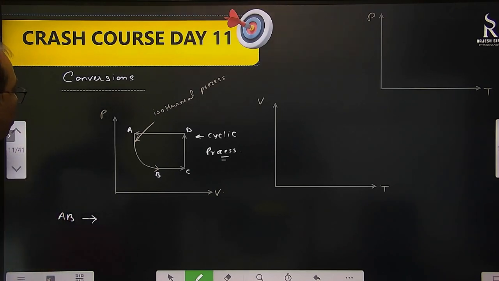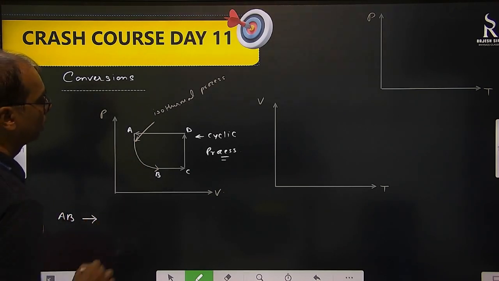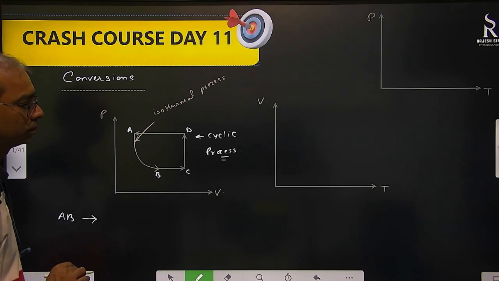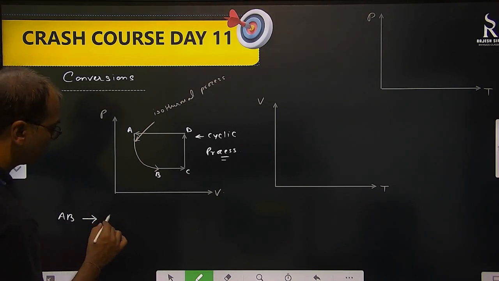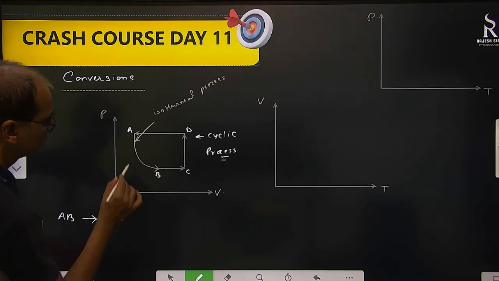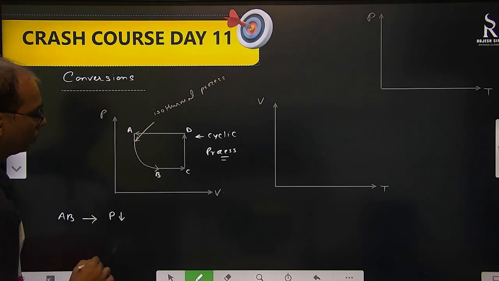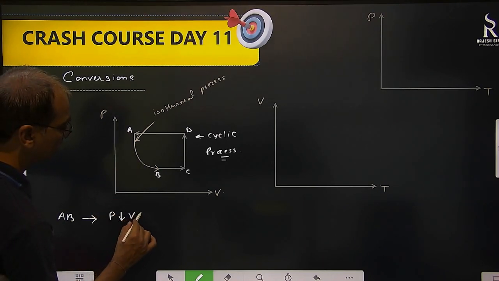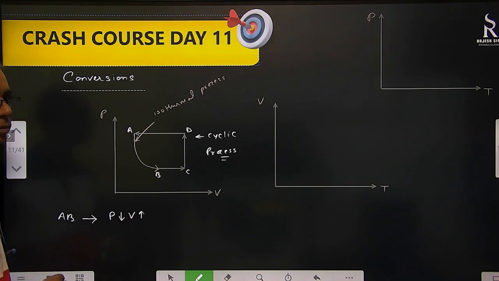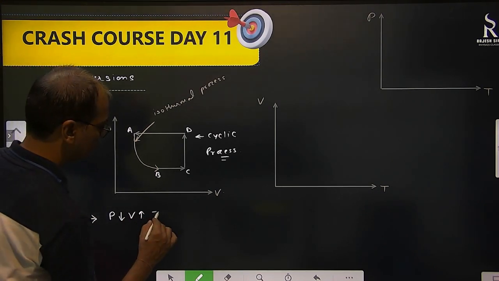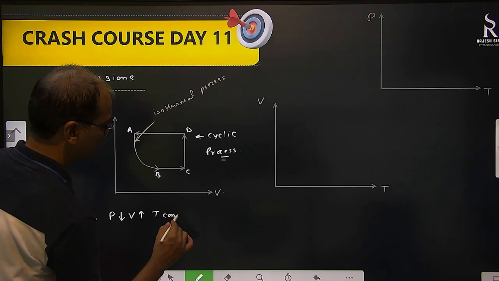So in the PV graph, what is happening? First, pressure is decreasing. Pressure is going down. What about volume? Volume is increasing. Temperature is constant, obviously. It's isothermal. Temperature constant.